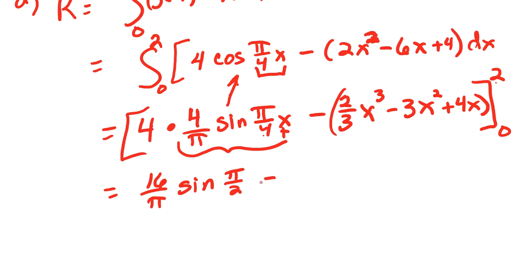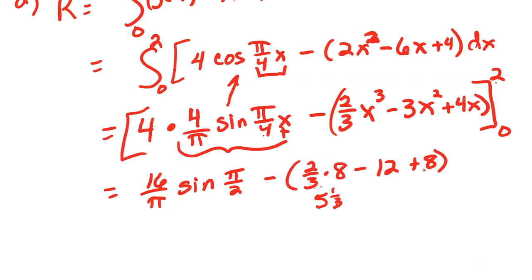And of course the sine of pi over 2 is 1. And here we're putting 2 in, so we'll have a 2/3 of 8, or a 16/3 if you prefer. And here we'll have a negative 3 times 4 and a 4 times 2. So this is 16/3 is 5 1/3.